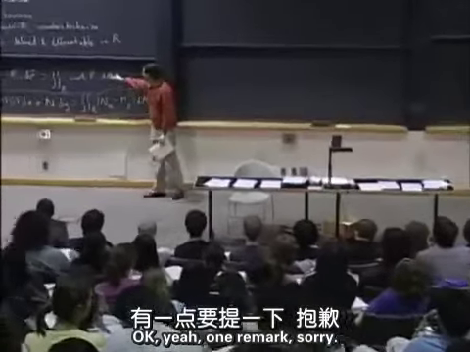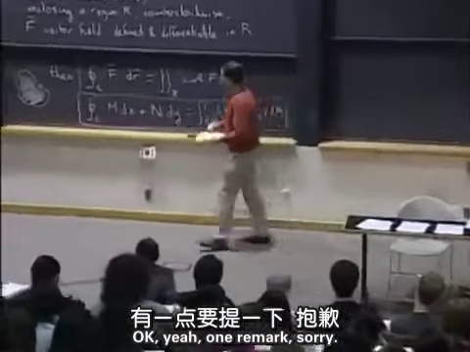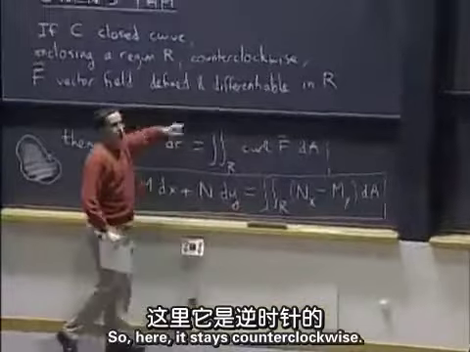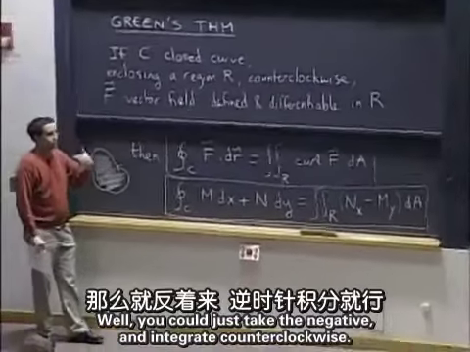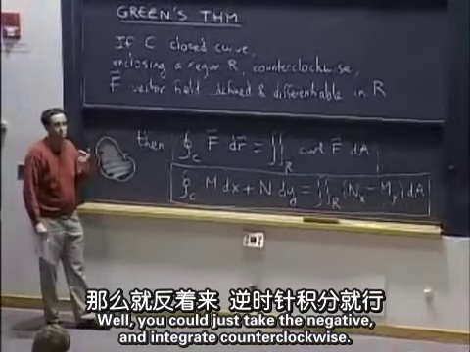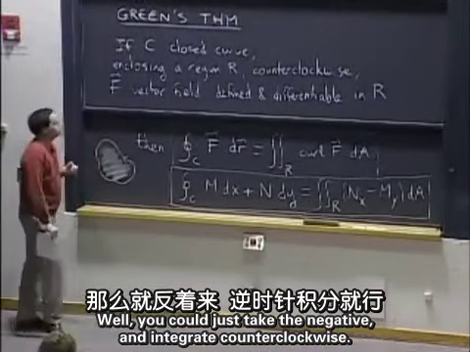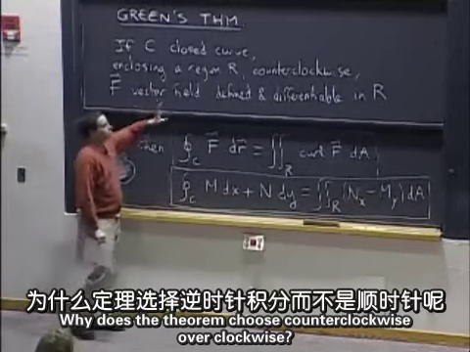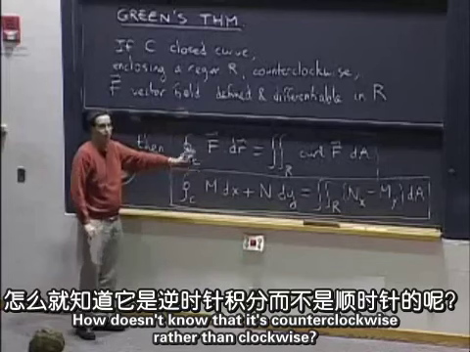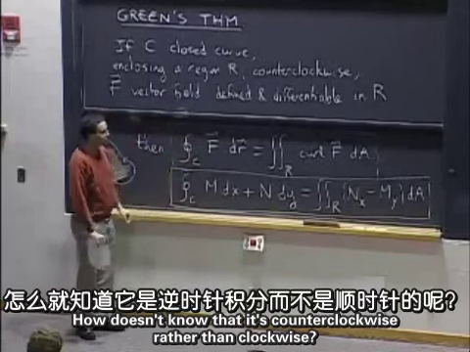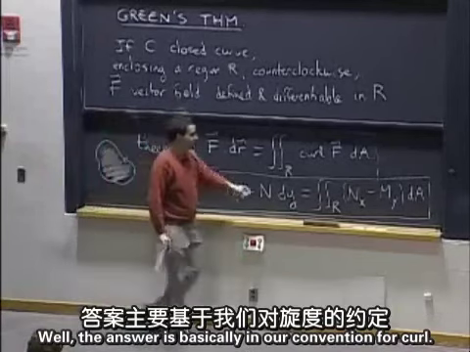Okay. Oh, yeah, one remark. Sorry. So here it says counterclockwise. What if I have a curve that goes clockwise? Well, you could just take the negative and integrate counterclockwise. Why does the theorem choose counterclockwise over clockwise? How does it know that it's counterclockwise rather than clockwise? Well, the answer is basically in our convention for curl.